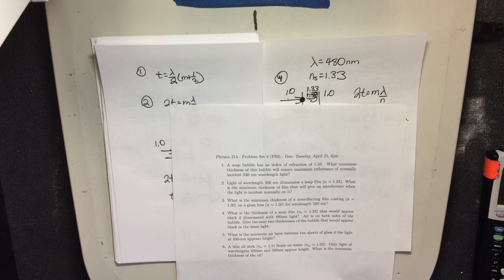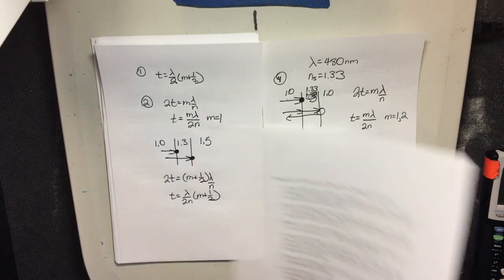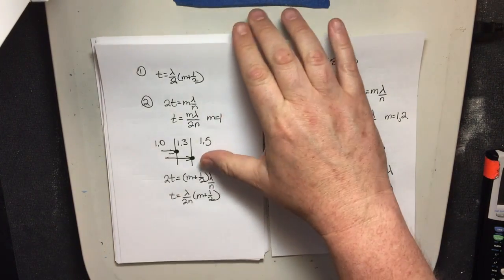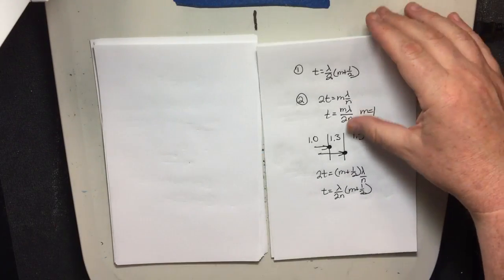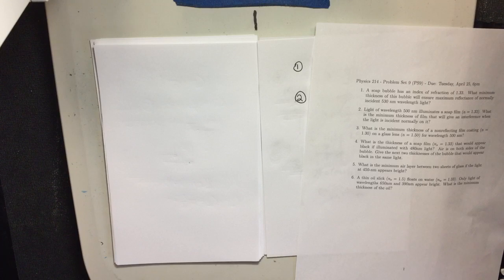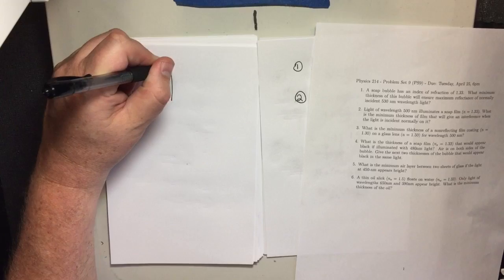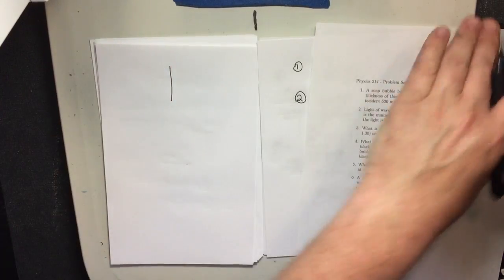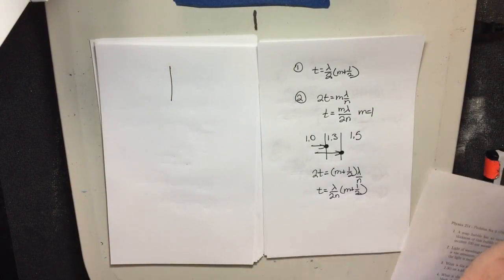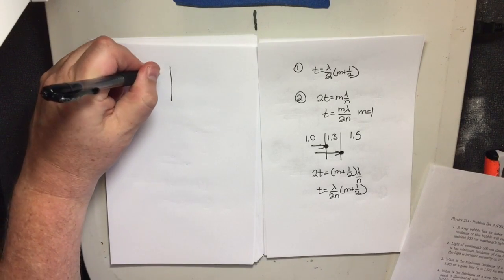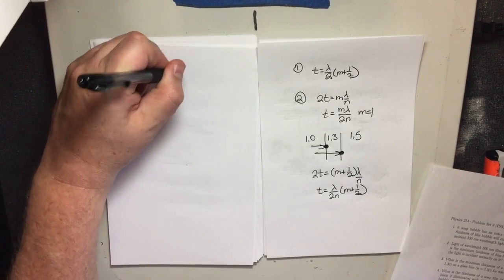All right. Number 6 is the one that I want, because number 6 I like. Which means, oh no, it could be 6 on the test. A thin oil slick floats on water. You have air, 1.0.